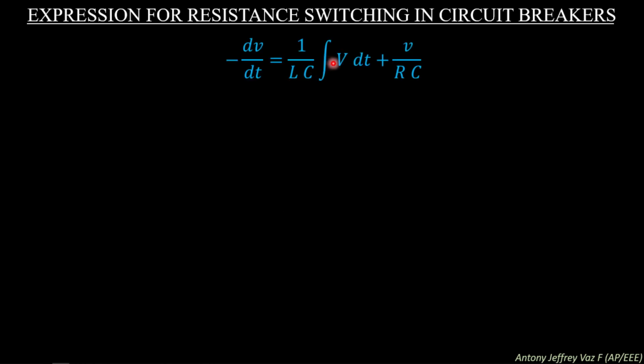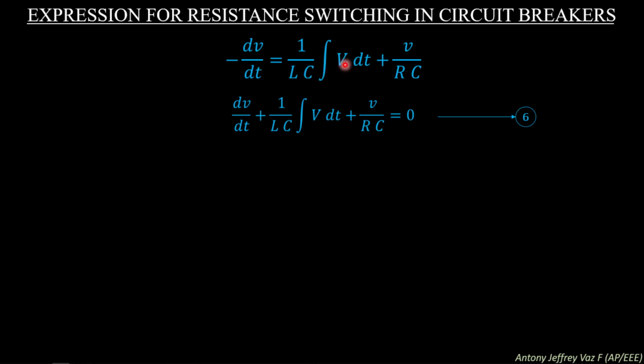Now we are taking the capacitance, which is a constant, out from the integral part. So minus dV by dt equal to 1 by LC integration of V dt plus V by RC. Now we are changing the signs.